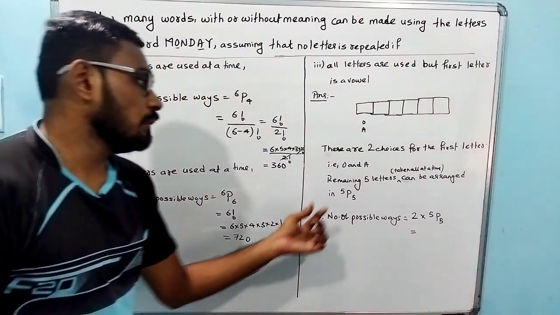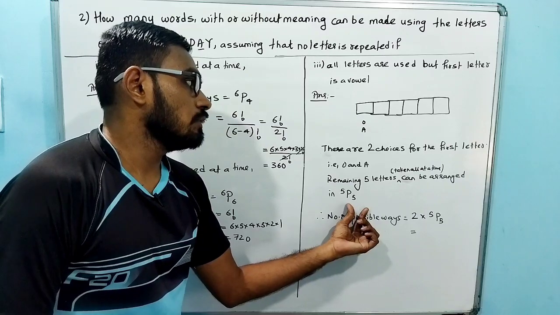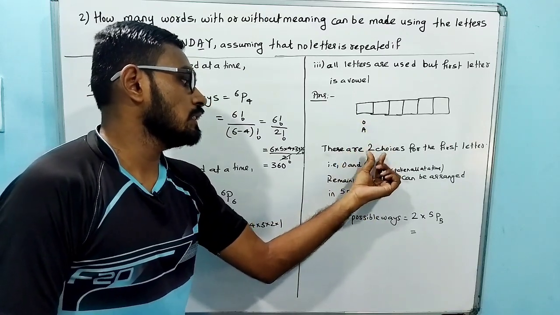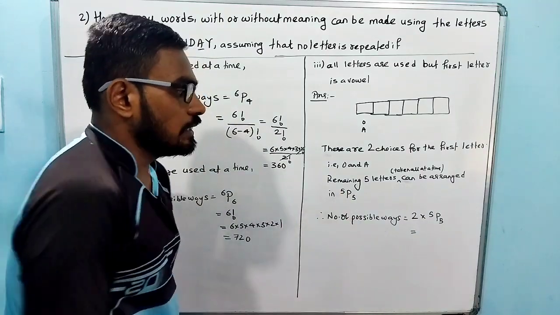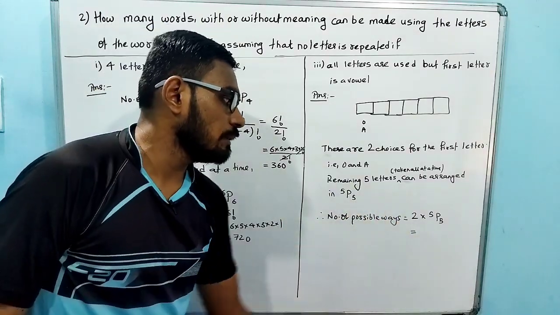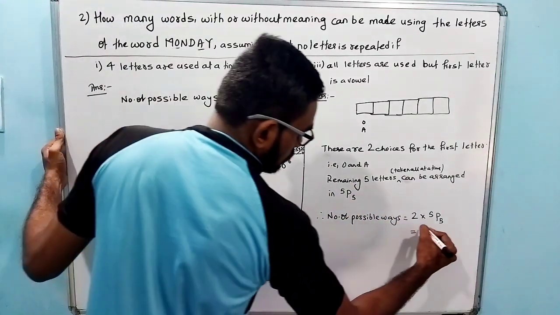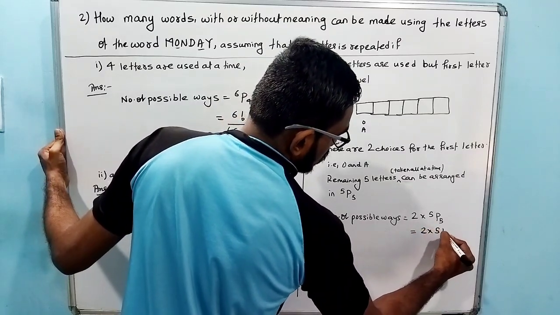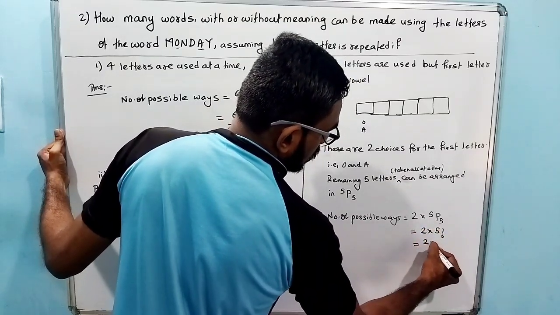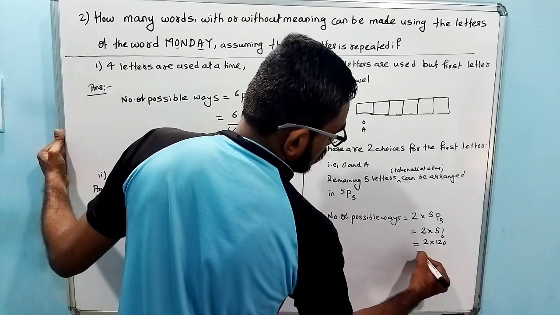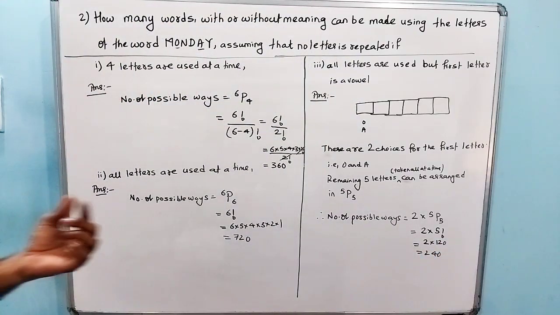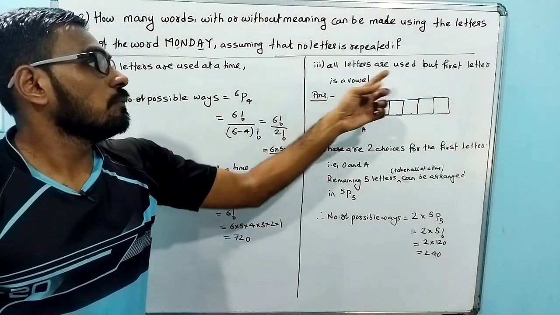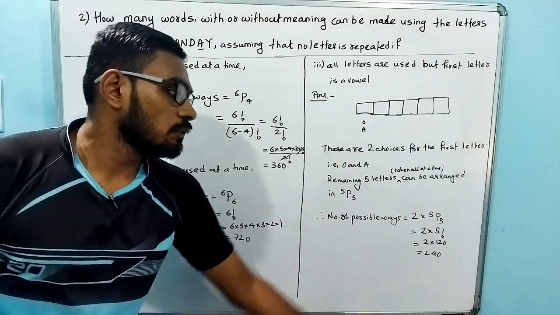So for first place we have 2 choices, and for the remaining 5 places we have 5p5. So total 2 into 5p5, which is 2 into 5 factorial, correct? 5 factorial, as we know, is 120. So answer is 240. Therefore, number of all possible ways in which first letter is a vowel will be 240, okay.